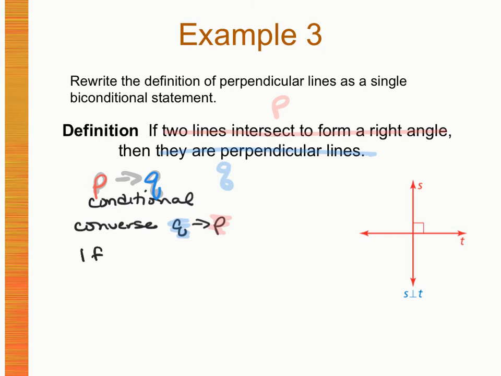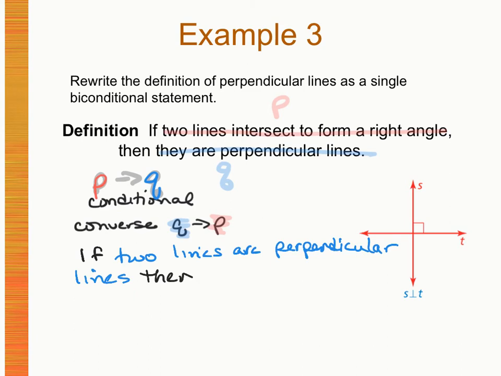So if two lines are perpendicular lines, then they intersect to form a right angle.